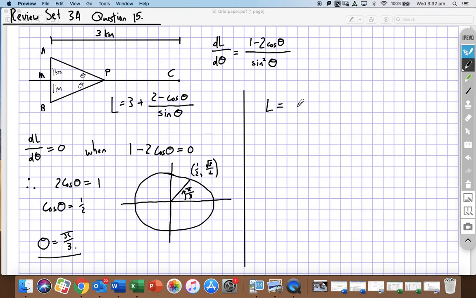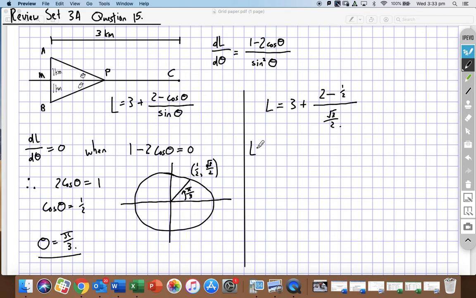Length equals 3 plus 2 minus, all right, well, we've already looked at this, 2 minus cos of pi on 3, it's a half. Yep, see ya. 2 minus a half divided by sine of theta is root 3 on 2, right? Root 3 on 2, right?